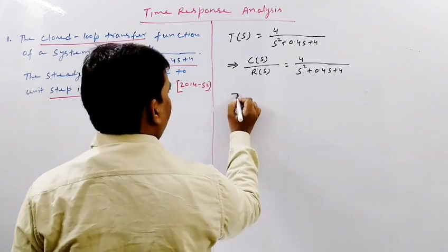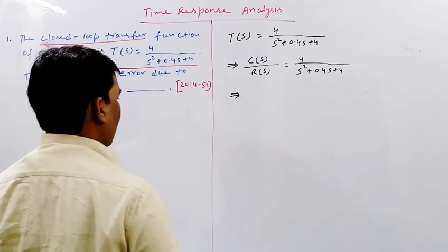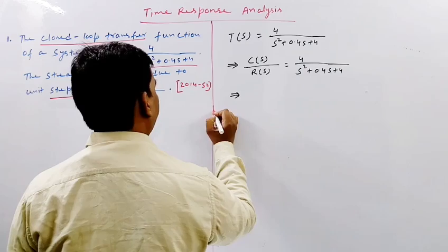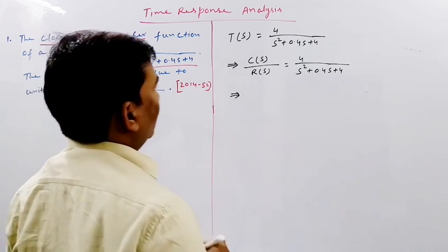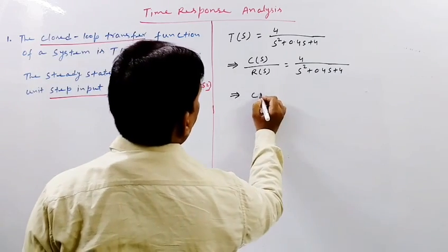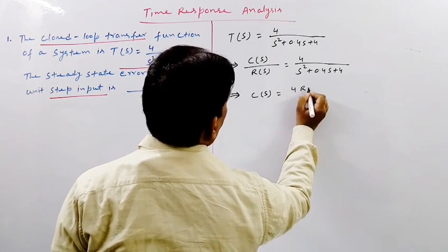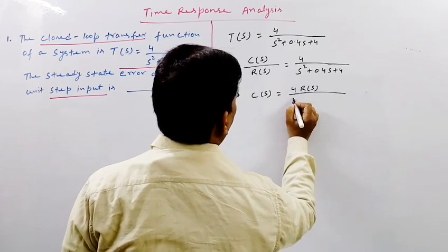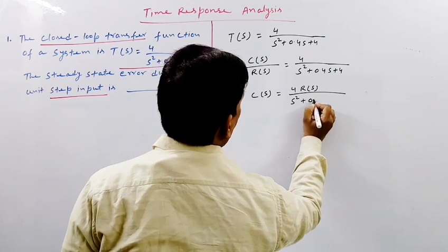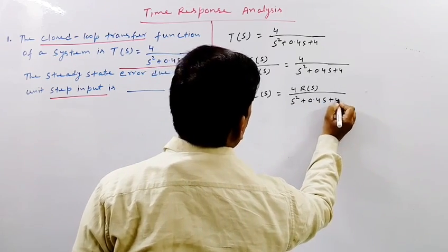Now C(s) will be nothing but 4 multiplied by R(s) divided by s square plus 0.4 s plus 4.